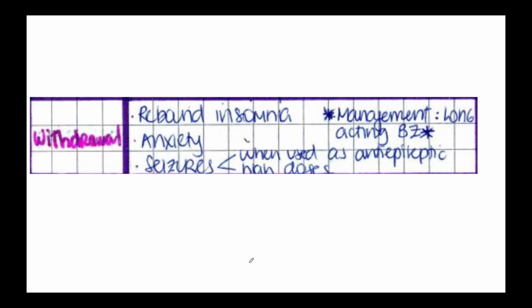Now coming to the withdrawal. If you look at the benzodiazepines, the withdrawal of the benzodiazepine leads to rebound insomnia. Somebody who is regularly taking alprazolam happens to miss it. They will go into rebound insomnia, anxiety, sometimes seizures.